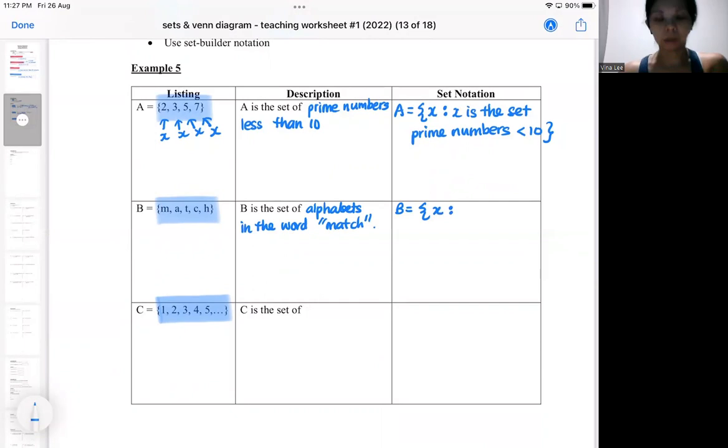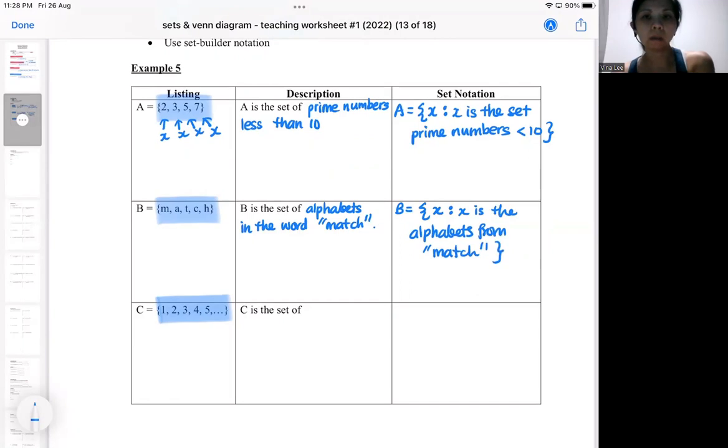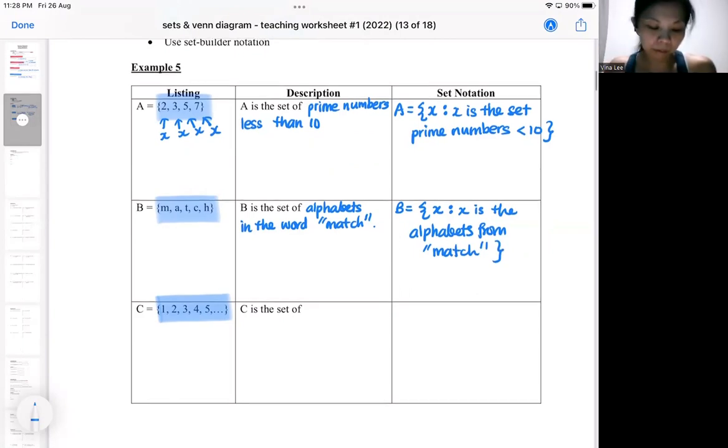So x is such that, so that means they are telling you all the alphabets are x. So x is the alphabets from the word match. But there is still a curly bracket. So in the set notation, the curly bracket is like the house for elements.